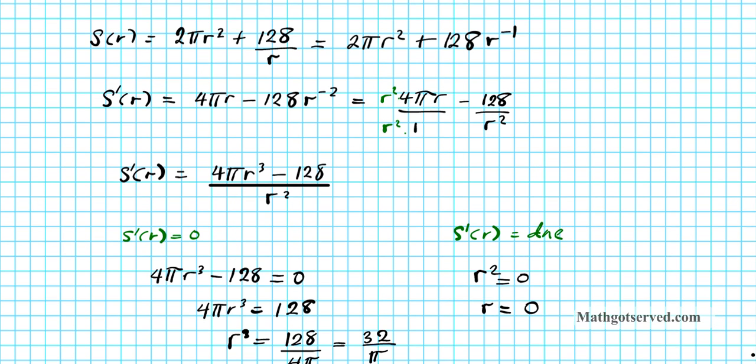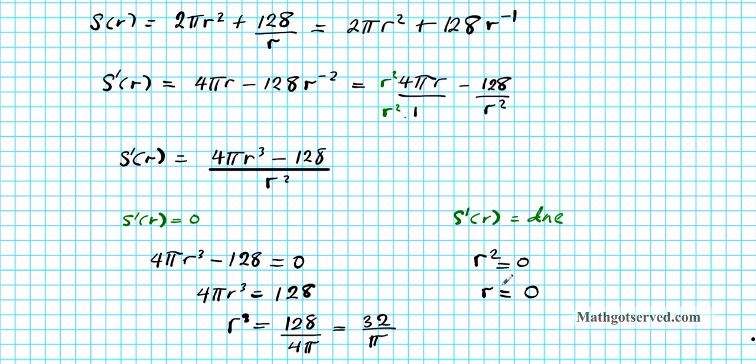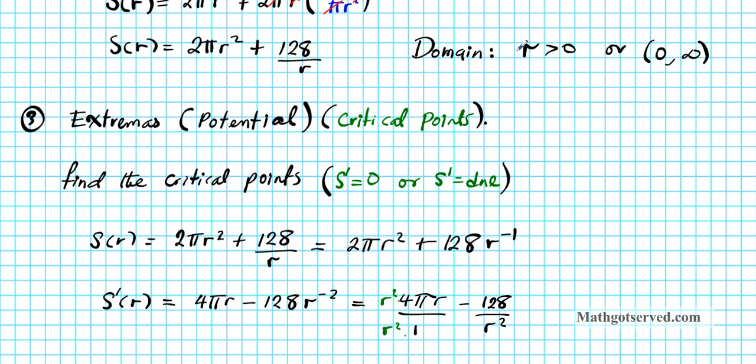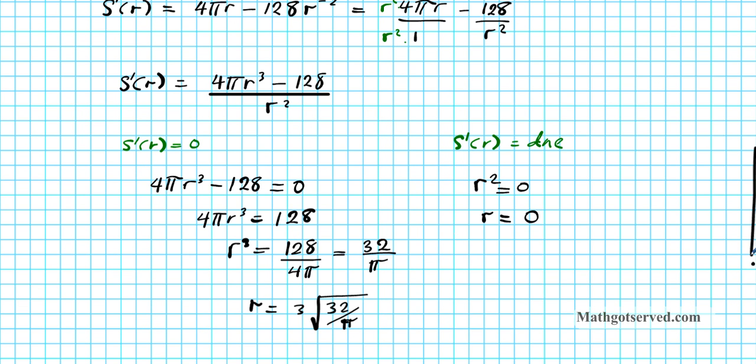The answer is no. Do you know why? Because it's outside our domain. Remember, we said that r cannot be 0 because it's going to cause our area to be undefined. So in our domain restrictions, r has to be greater than 0. Since r equals 0 is outside the domain, this one violates our domain constraint, so we're going to drop it off. So this is the only critical point or potential extrema that we have.